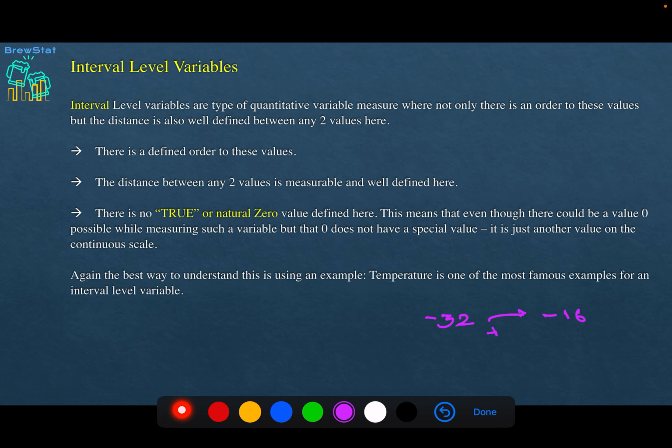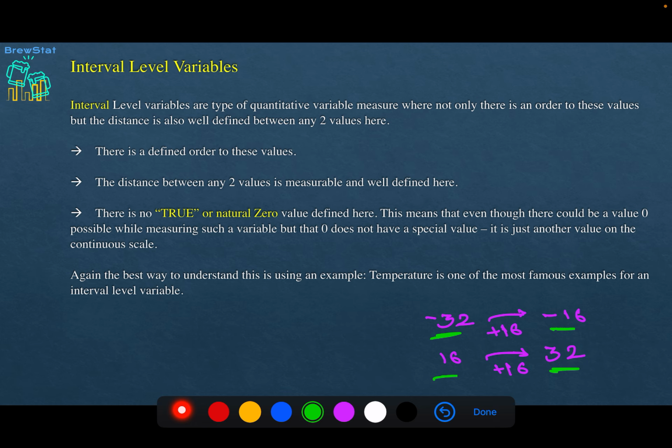So we know that we are adding 16 here to get to minus 16, and similarly we can have a value 16. We again add 16 and we get 32. So the difference between 32 and 16 is the same as the difference between minus 16 and minus 32, and therefore we can measure the distance between any two values here.